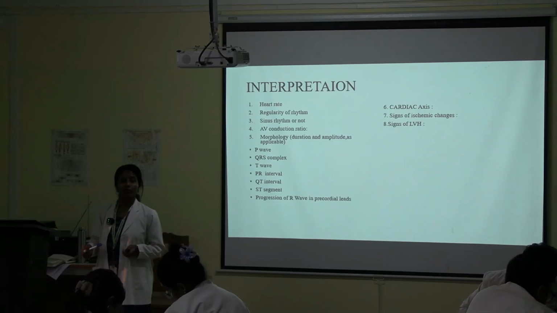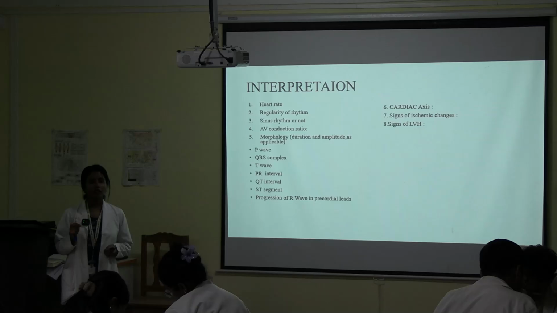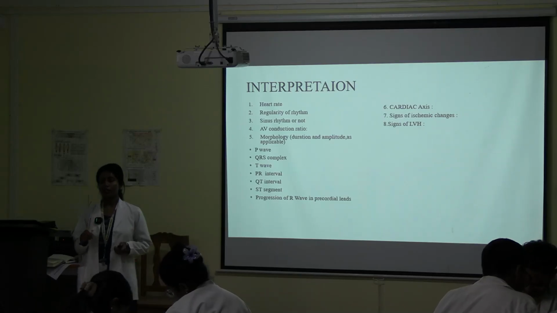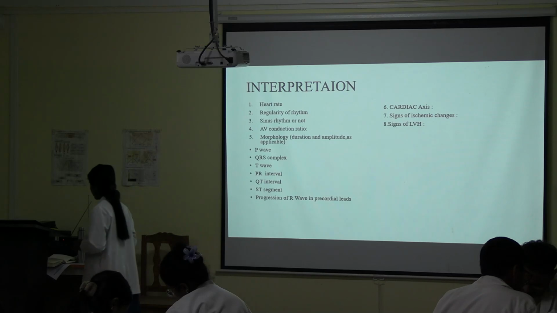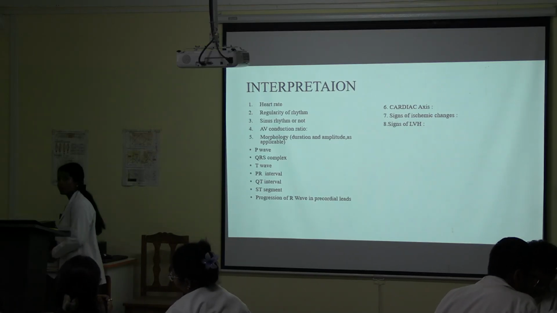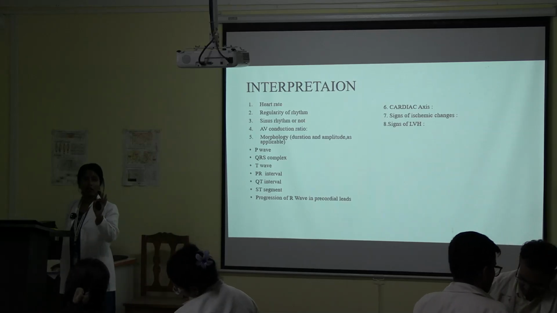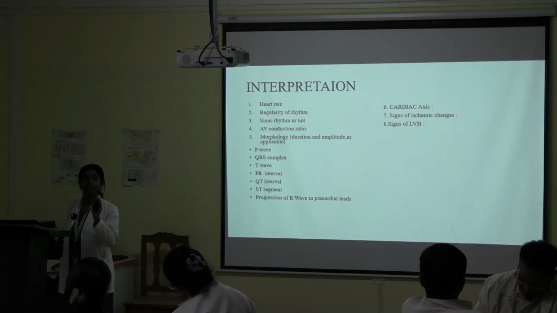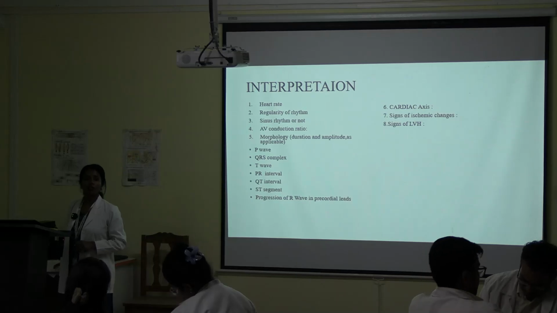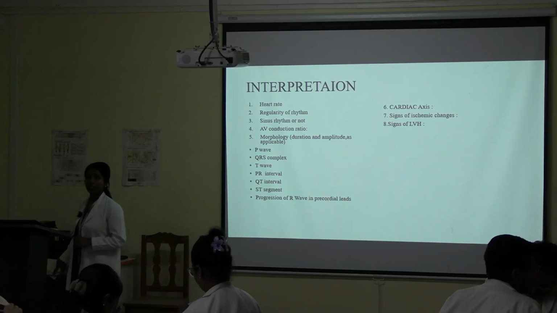For that, which lead are you going to see? Left ventricular hypertrophy: we are going to see V1 and V6. S wave in V1 and R wave in V6.